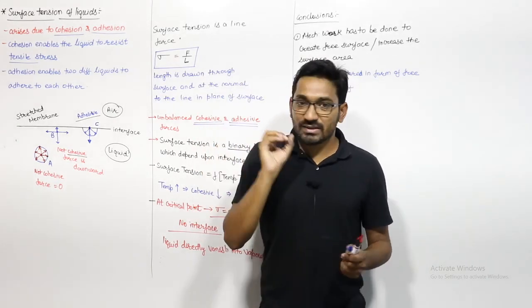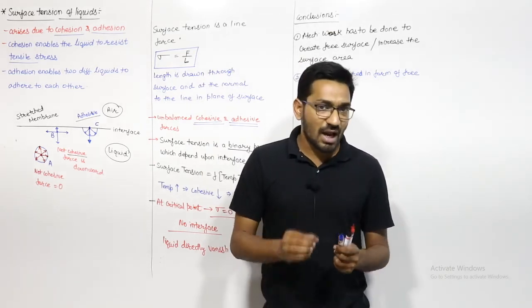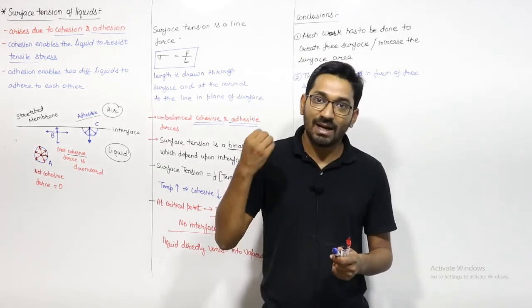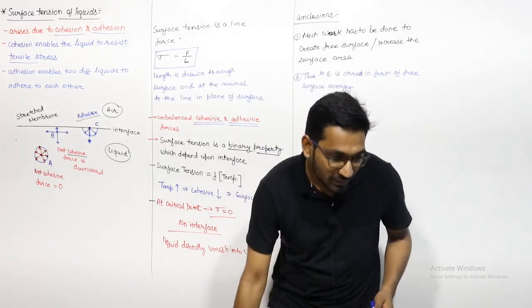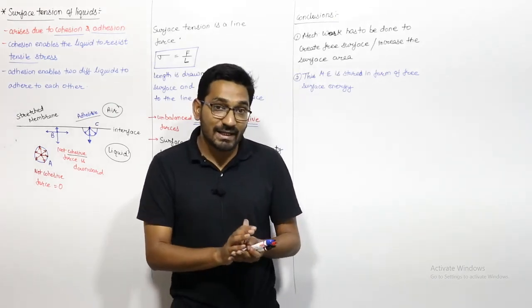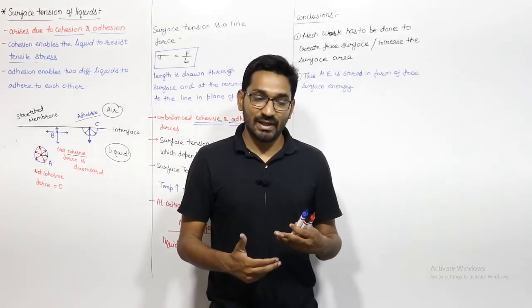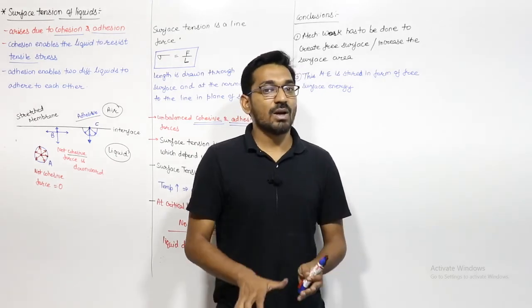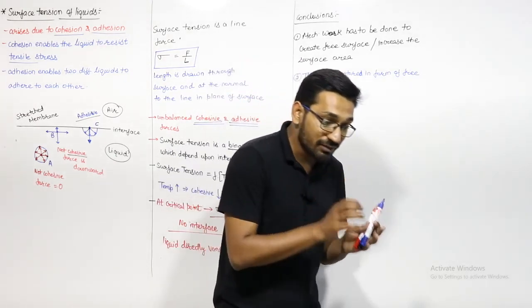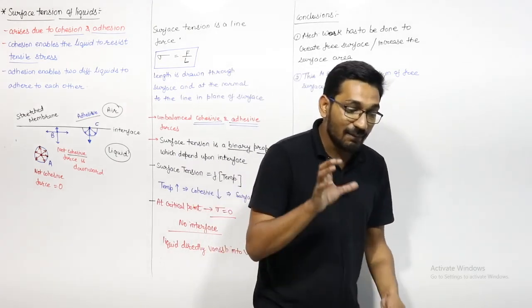So the free surface will try to minimize its surface energy. Any liquid, if you leave it, will try to adjust its shape so that its surface energy will be minimum.